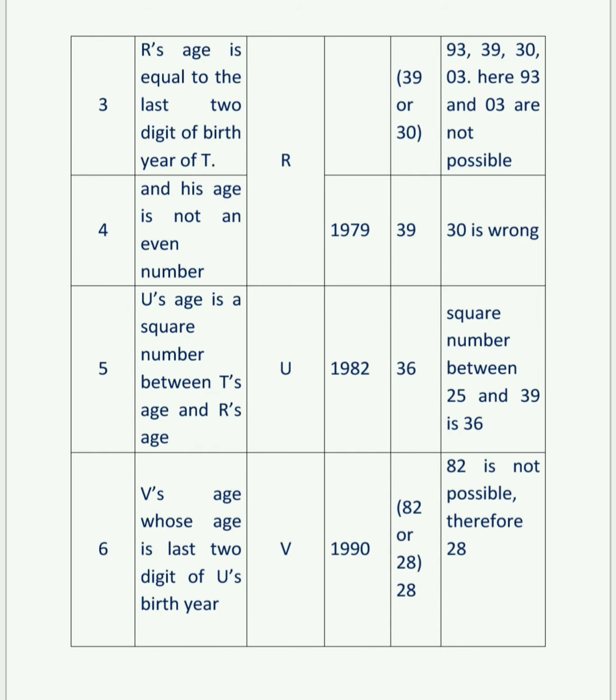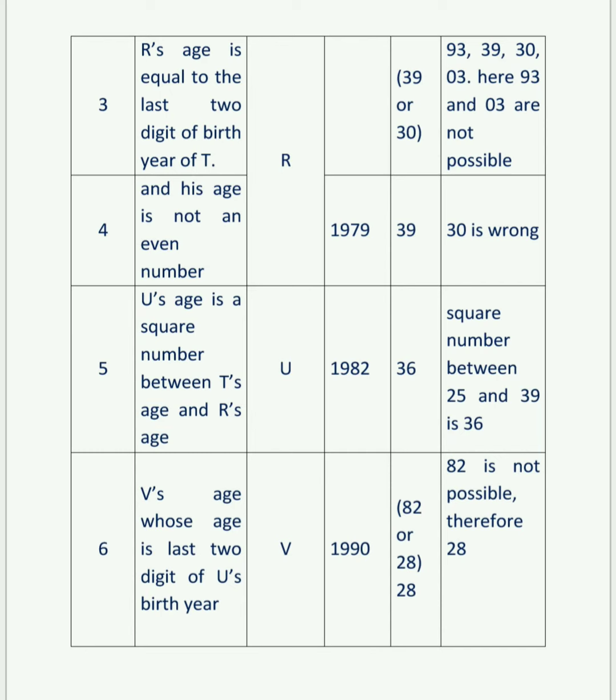Then condition number 3, R's age is equal to the last 2 digits of the birth year of T, and his age is not an even number. Therefore, his age may be 93, 39, 30, 03.